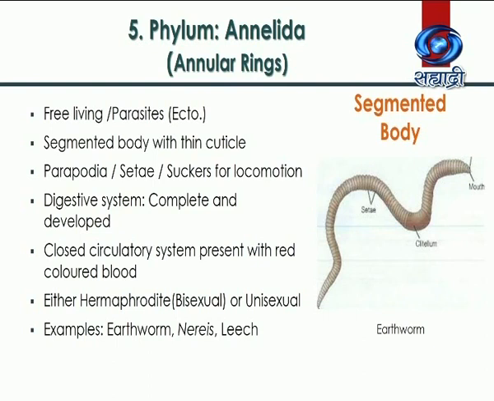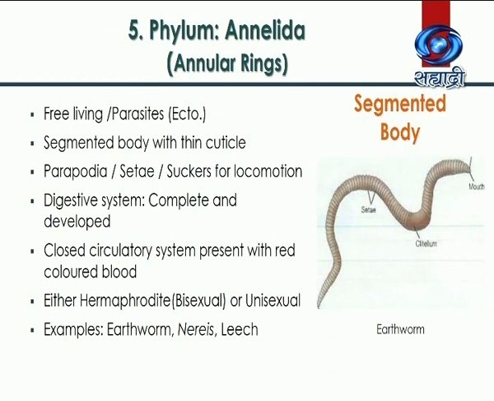Their body surface is distinctly marked out into segments or metamers, and hence the phylum name is Annelida. The word Annelida has been derived from the Latin word annulus, which means a little ring.